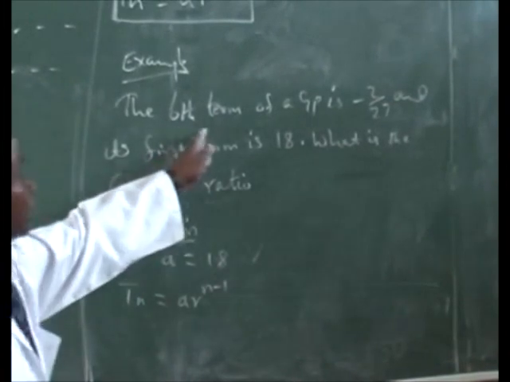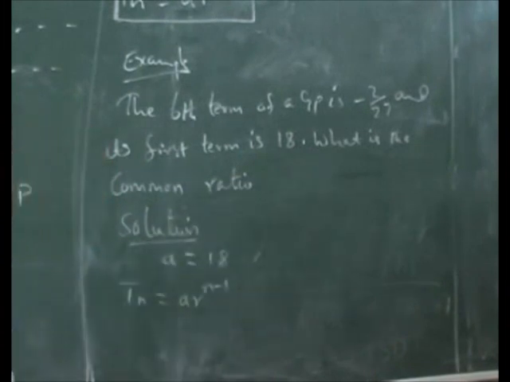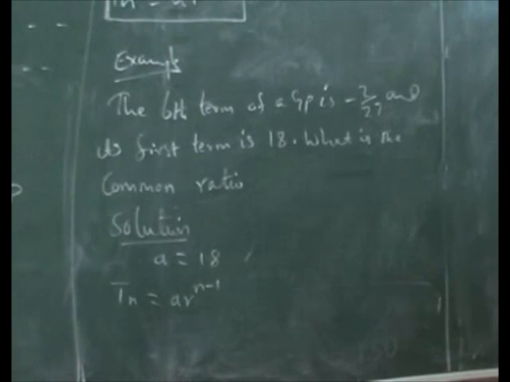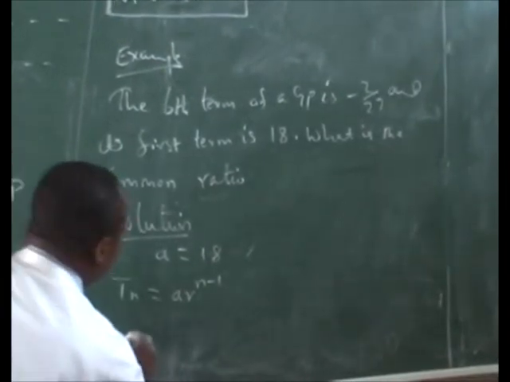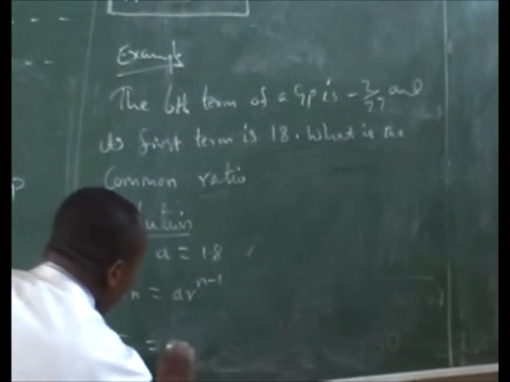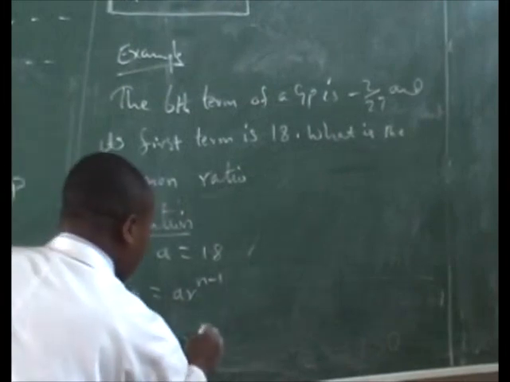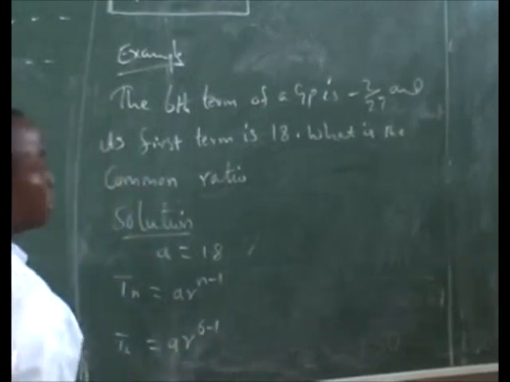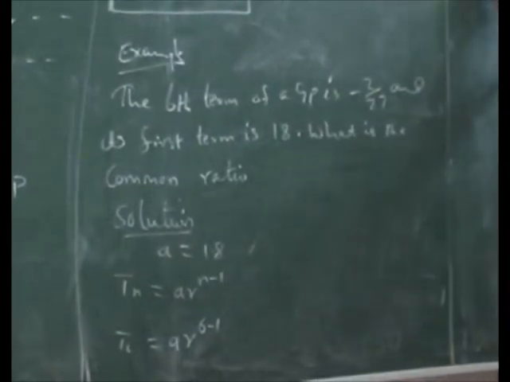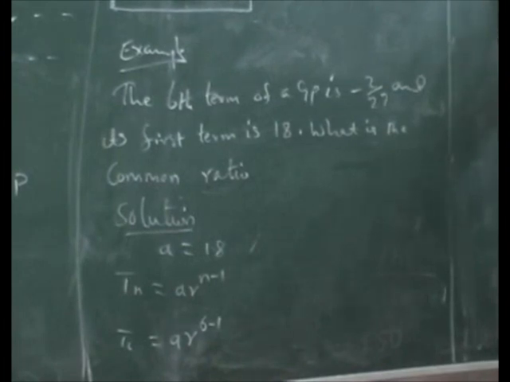So the sixth term is equal to this, and its first term is this. What is the common ratio? So we have that T6, that is this, will be equal to A r raised to 6 minus 1, and that will give us A r raised to 5.